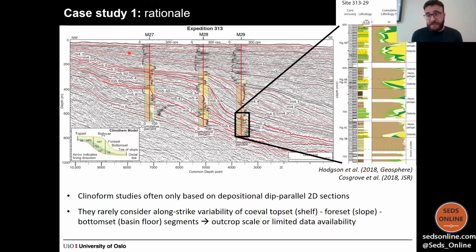And this has its limitations because they rarely consider the along-strike variability of coeval topset, foreset, and bottomset segments. This is normally because of outcrop scale or because of limitations of data. These days, because we have 3D seismic cubes, we are getting better at documenting the lateral variability, but still the resolution at which we can achieve this is limited.